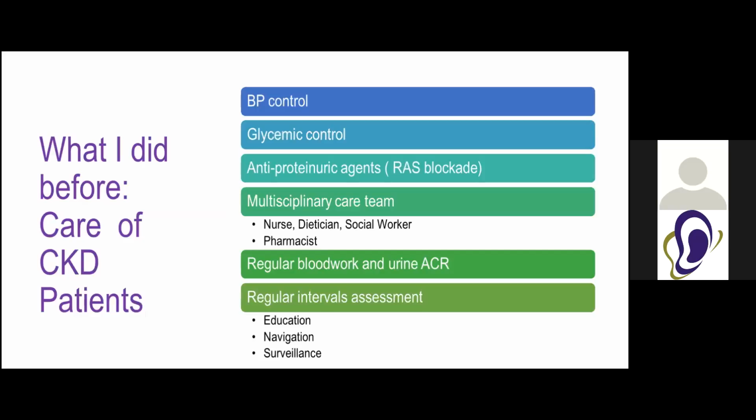And I'll tell you what I used to do or what I did before in the care of kidney patients. Of course, I paid attention to all the things you see listed here: blood pressure control, glycemic control, RAS blockade to lower protein in the urine, key interdisciplinary teamwork with the nurse, dietitian, social worker, and pharmacist, and regular monitoring of the blood work and the urine ACR, and then regular intervals to assess, educate patients, navigate the system, and have ongoing surveillance.